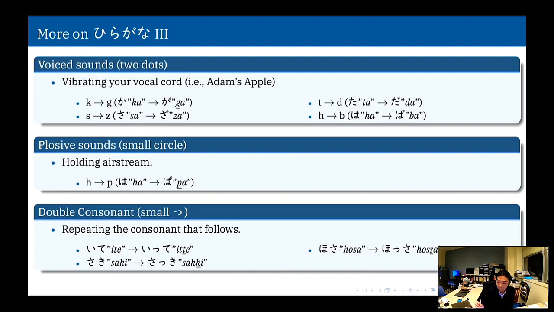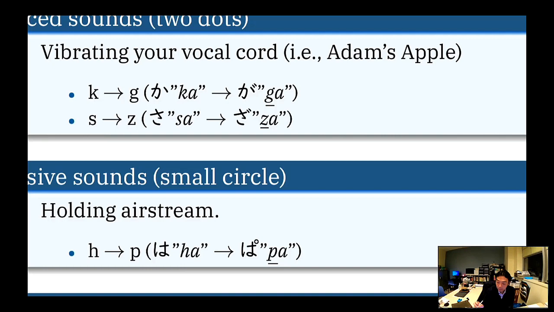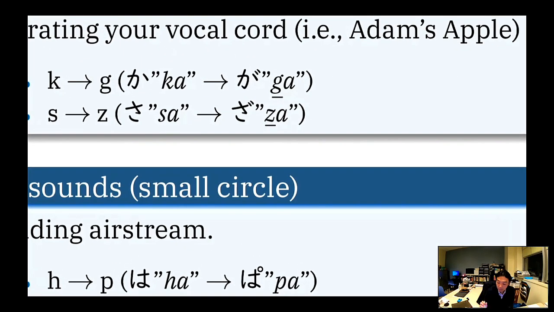Okay. So for example, this sound was ka. By adding these little two dots, see, there's a difference here. This one is ka, but this one has these little two dots on it.